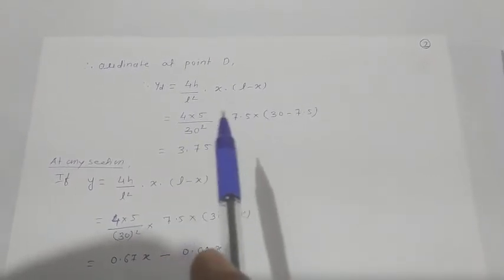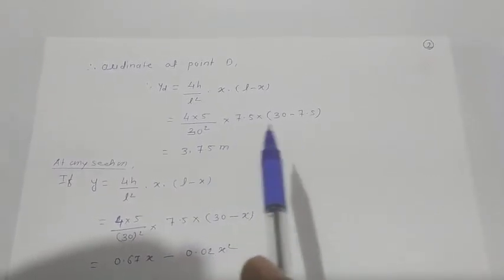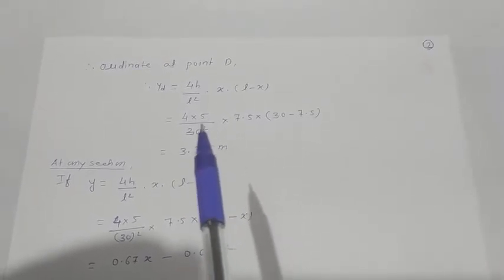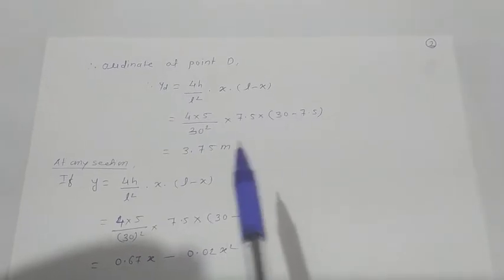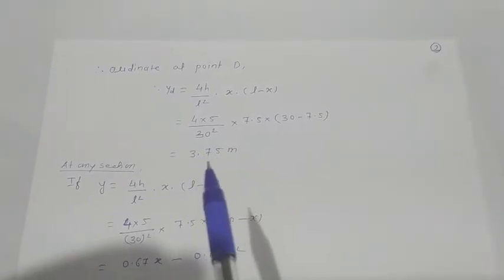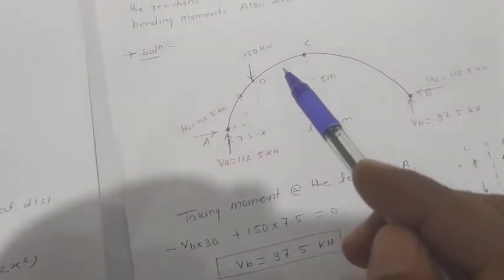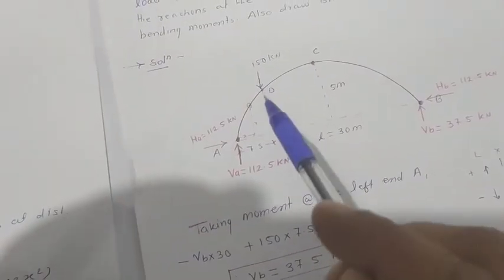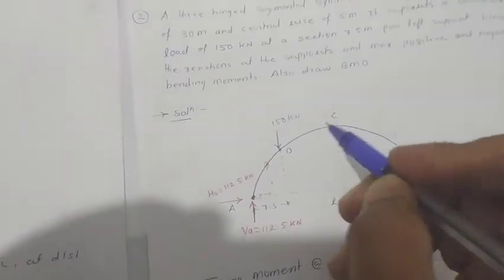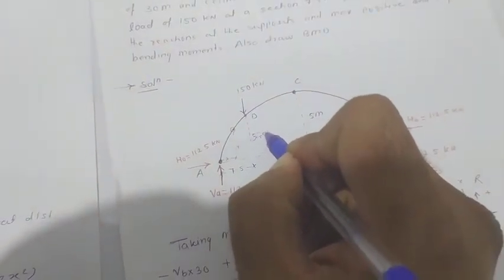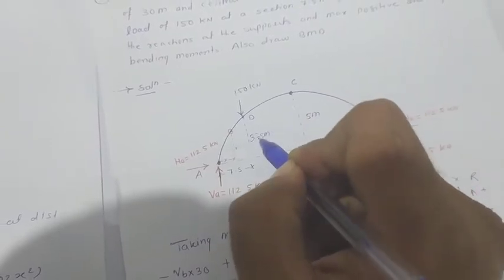So put the value of h and x, you will get the value of YD. Our h is 5 meter, L is 30. So you will get 3.75 meter.